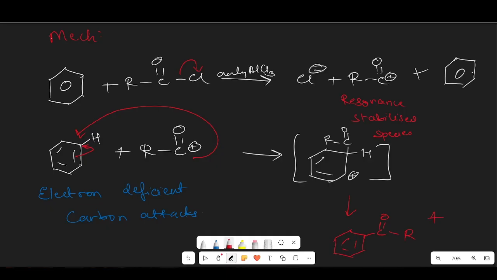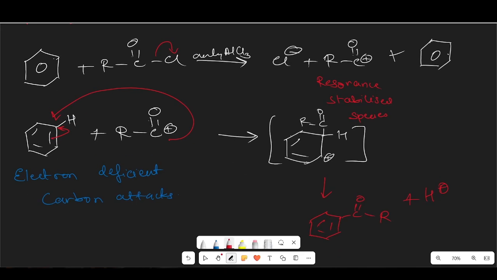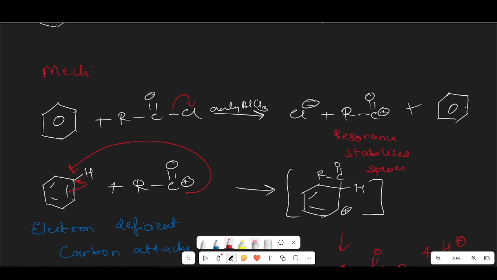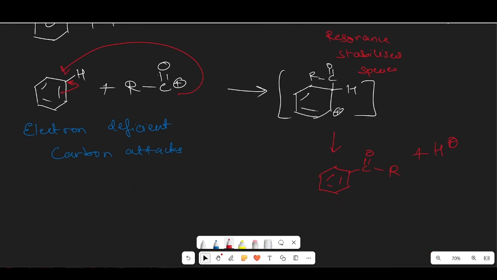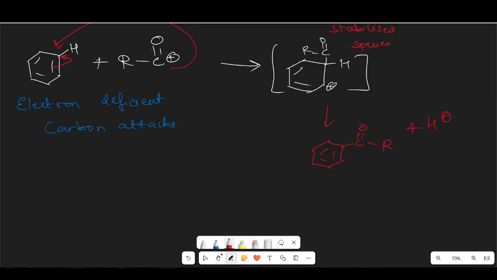And then the hydrogen will attack your nucleophile catalase complex that you have made. Of course, this goes on and attacks AlCl3 to form AlCl4 minus. This step is common everywhere. In every aromatic electrophilic substitution reaction, you will see this. Also, aromatic electrophilic substitution is too long to say, so I'm going to say ARSC.